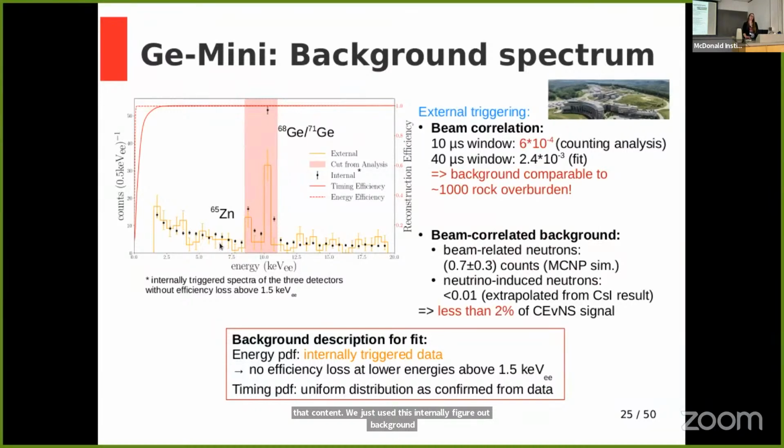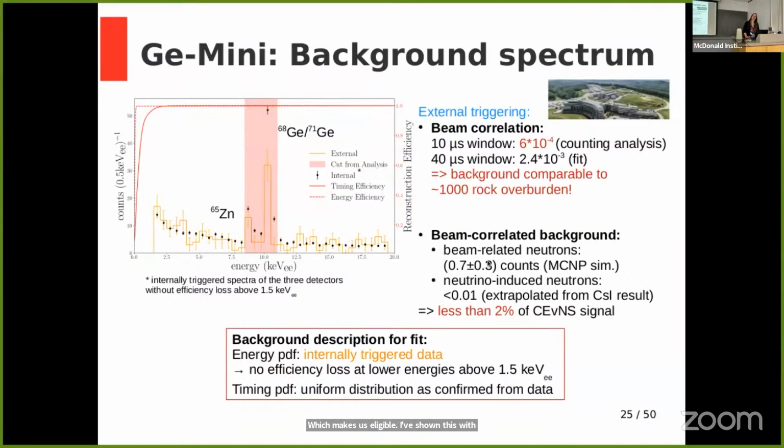The last thing that we worry about is potential beam-related background, because of course we cannot suppress this with the beam correlation. What is potentially there are beam-related neutrons. However, it turns out that we expect over the whole run less than 1 count, which makes this background negligible, as shown with MCNP simulations.